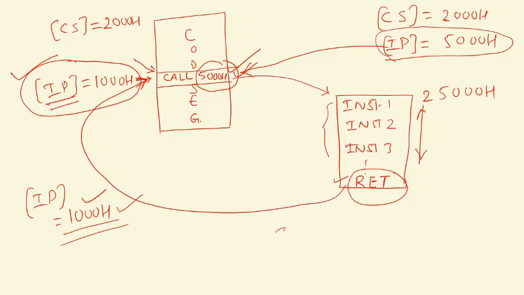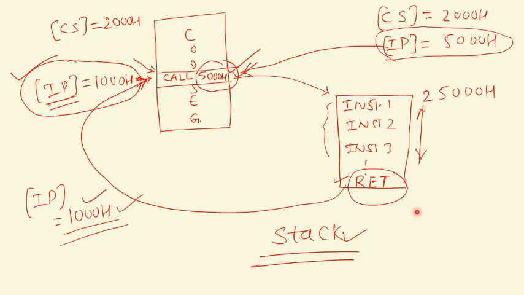For this we use the stack. Whenever the CALL instruction is executed, the current offset IP will be pushed into the stack. And whenever RET is executed, the stored value of IP will be loaded back into IP. This is the basic process whenever call and return instructions are executed.